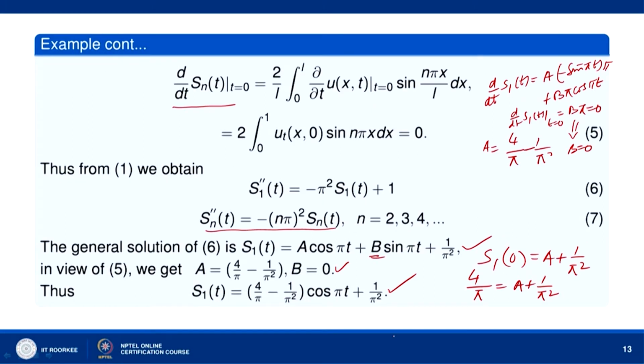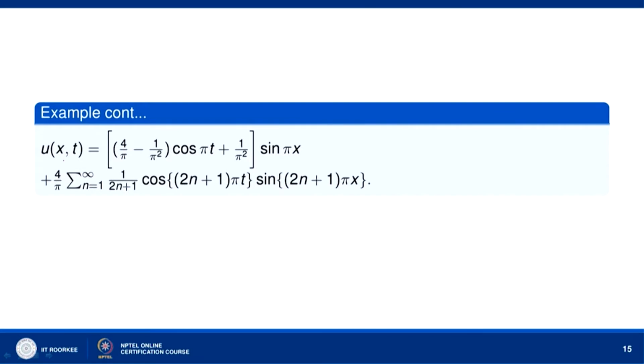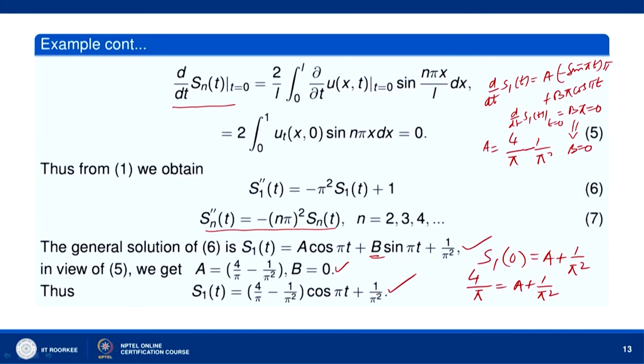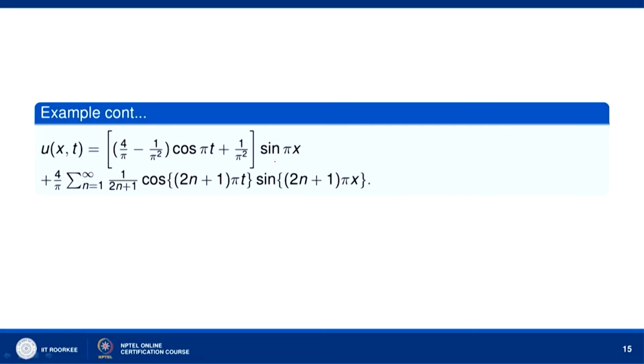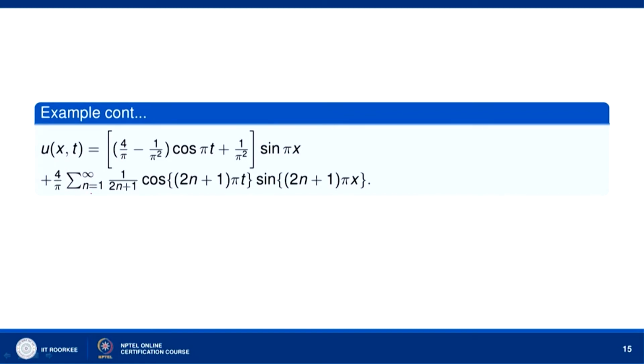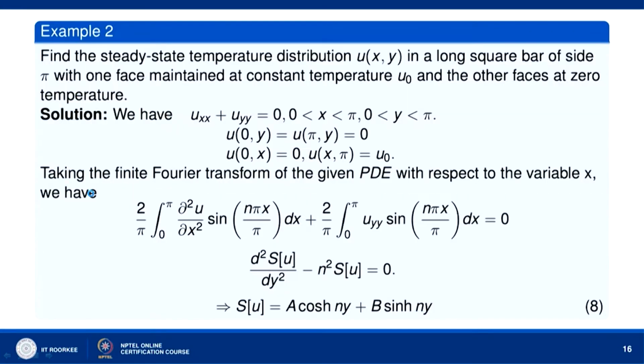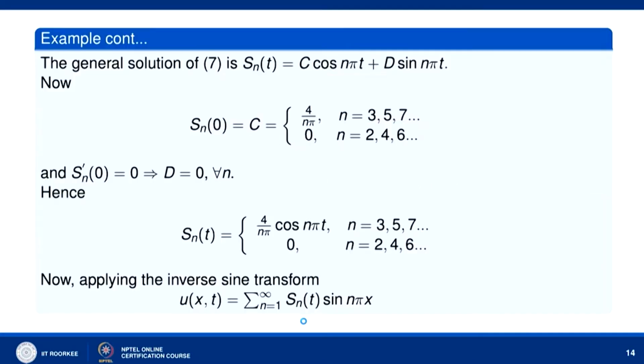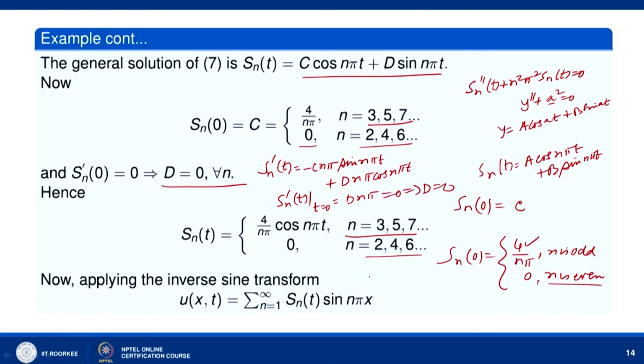So u(x,t) is equal to S1(t), which is 4 over pi minus 1 over pi square cos pi t plus 1 over pi square, into sin pi x, and then we write for odd values of n. For n equal to 3, 5, 7, we put n equal to 2m plus 1, so then m will take values 1, 2, 3, 4, 5, 6 and so on.